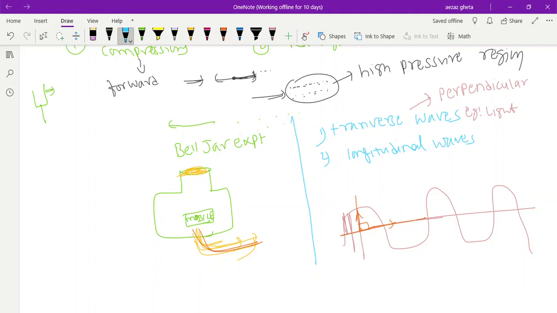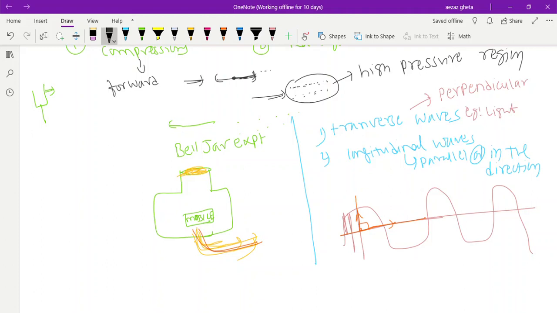And the longitudinal wave is the wave in which the particles vibrate parallel to, or in the direction of, propagation of the wave. So what is a longitudinal wave?